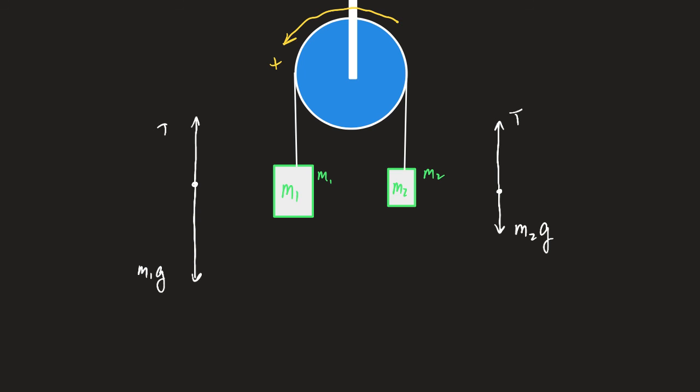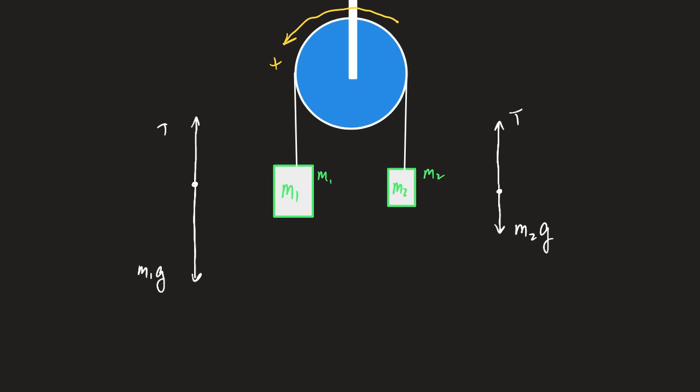So the tension has got to be greater than the weight of M1, but less than the weight of M2. It has to be, or else this won't work. That's why these are studies in inertia. They force you to really think about the size of the forces acting on the individual objects.